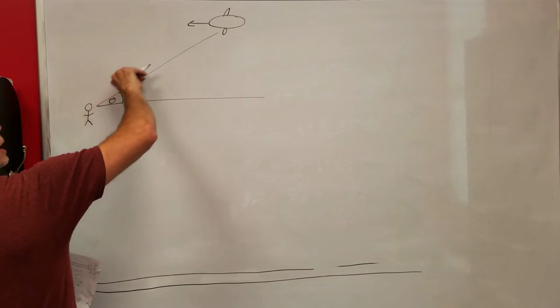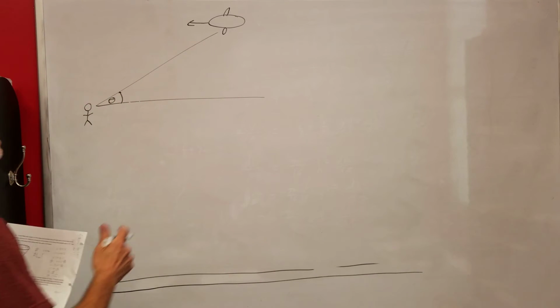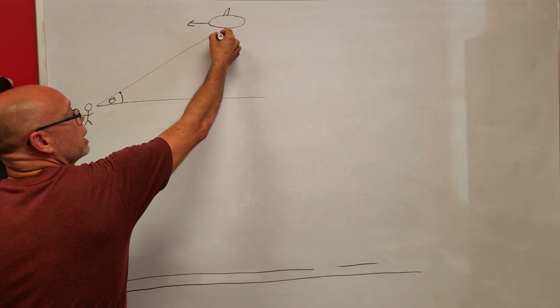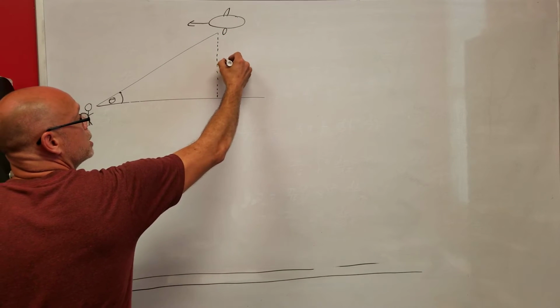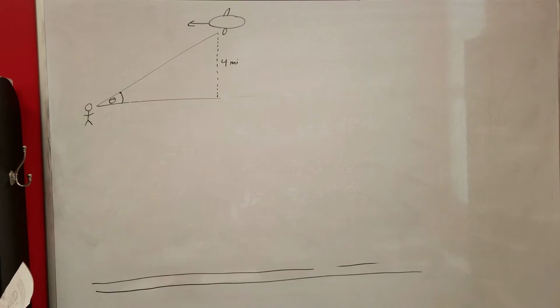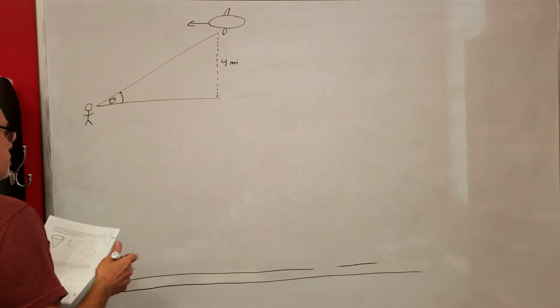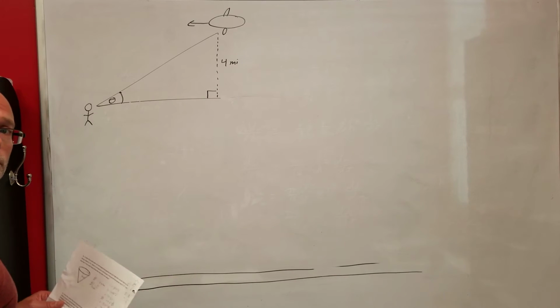So the angle of elevation of how I see the plane, basically. What do they say about this altitude? This altitude my plane is flying at is 4 miles, right? So what do we have here? We have a right triangle, don't we?